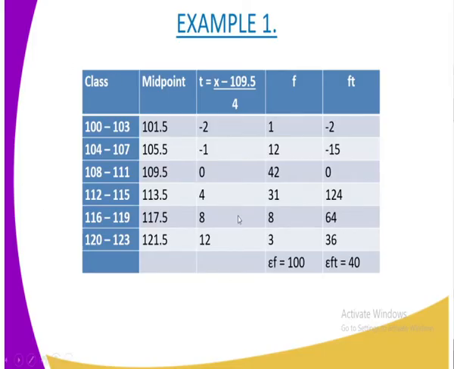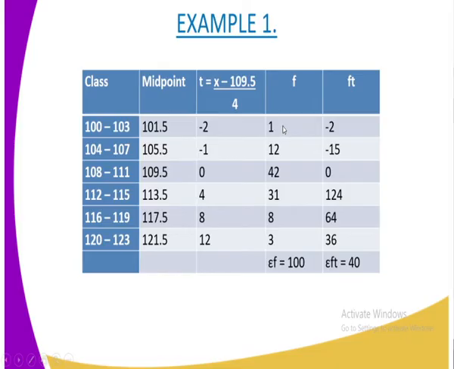Remember, in the beginning I said that we are going to use an assumed mean. Here, as you can see, our assumed mean is 109.5. You just assume any mean, but remember that to get our t, we take our x, subtract our assumed mean, then divide by 4. Here you can see we have already gotten -2, -1, 0, 1, 2 and 3 for t.